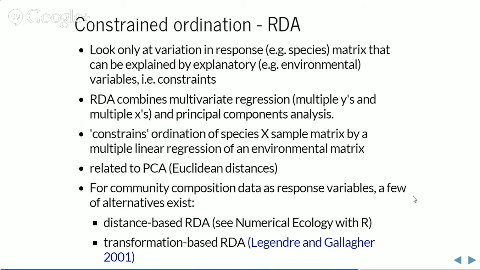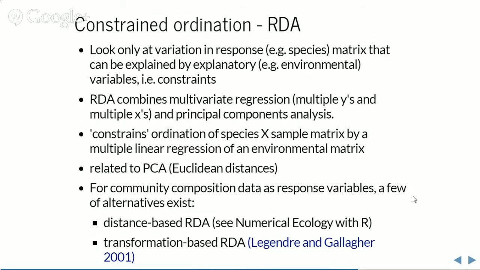So basically, this is combining multivariate regression, where you have multiple x's and multiple y's, and principal components analysis. So it's related to PCA. It's based on Euclidean distances.